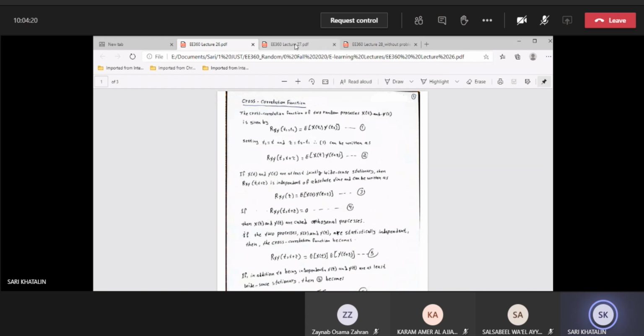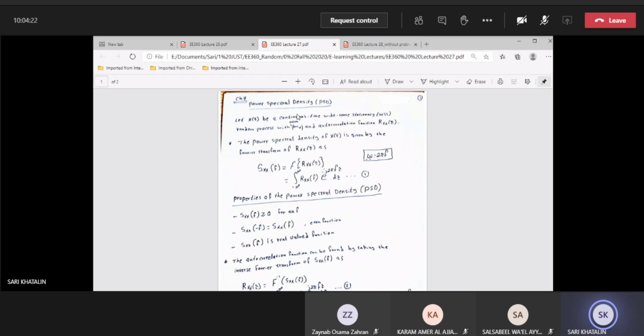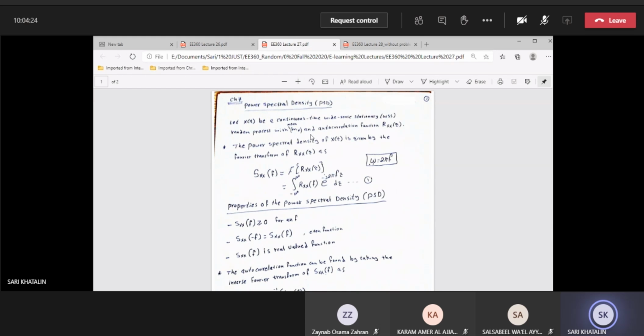All right. Let's begin with chapter 7, where we're going to talk quickly and briefly about power spectral density, PSD. Let's assume that we have a continuous random process, and this random process is wide sense stationary, where the mean is mx and the autocorrelation is r in terms of tau.